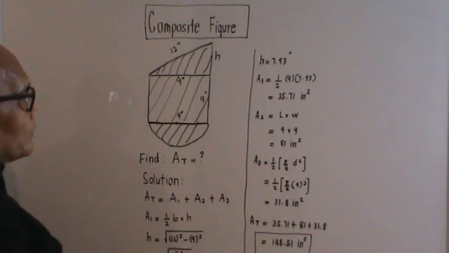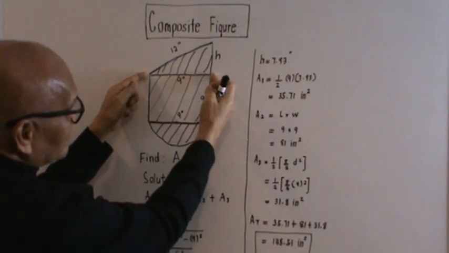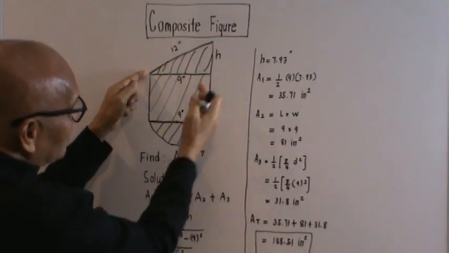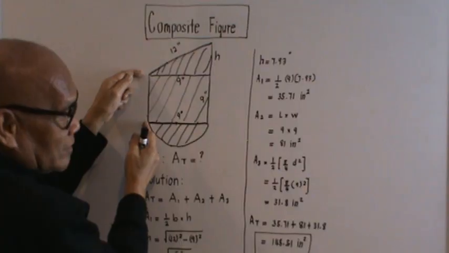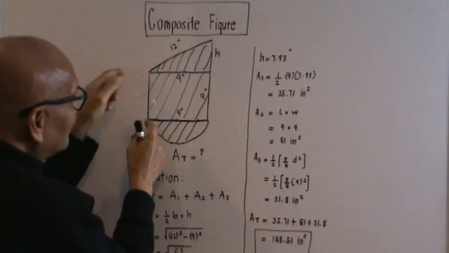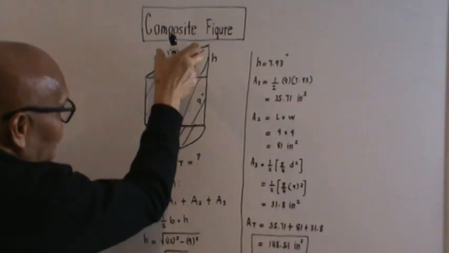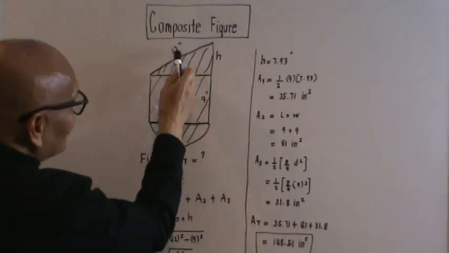The given dimensions: this is 9 inches for the square. The other side is also 9 inches. It's a square, right? So this should be 9 and this is 9. And for the top portion, the hypotenuse, the slanting side, is 12 inches.